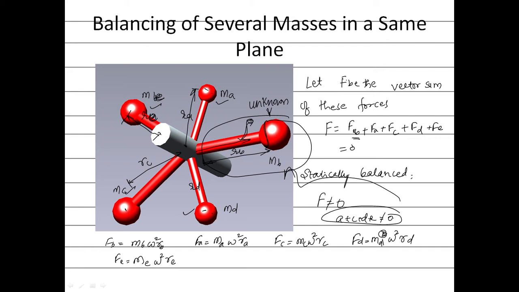Now if you rewrite the equation, that is ma ra omega square plus mb rb omega square plus mc rc omega square plus md rd omega square plus me re omega square equal to 0. Now as the angular velocity is the same for all masses, let us neglect the angular velocity here.